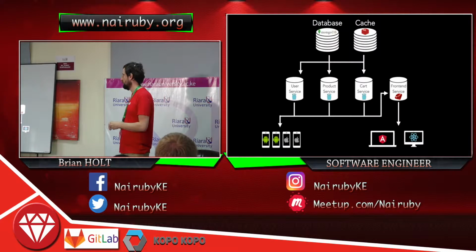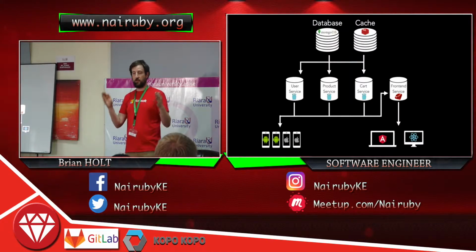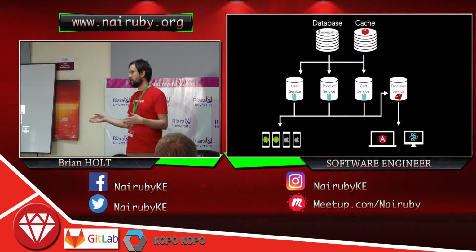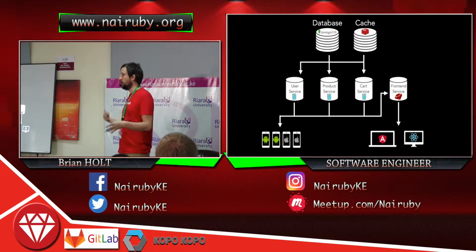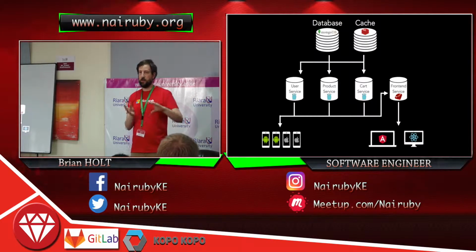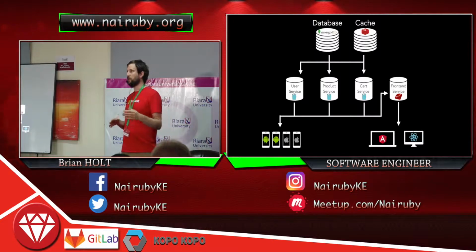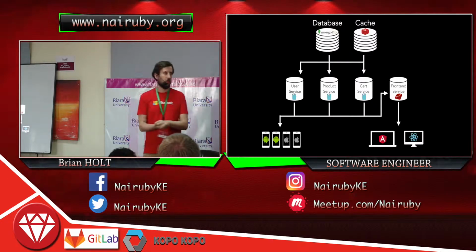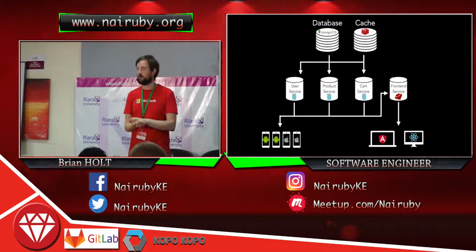So if the cache fails, maybe rather than just everything crashing, it spins up a new cache layer, it populates it as fast as possible, and then you're able to keep going while the database is still able to keep up with all these requests, right? So this is essentially what chaos engineering is doing for you. It's finding the weak link, it's finding the single point of failure inside of your infrastructure.